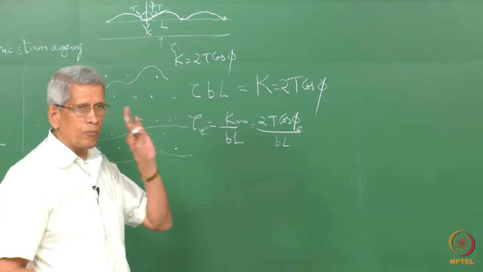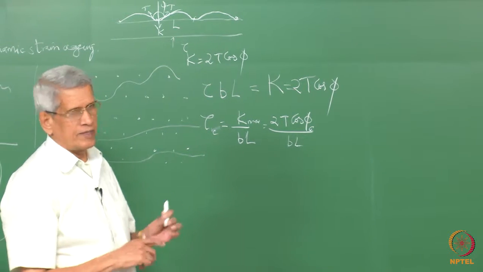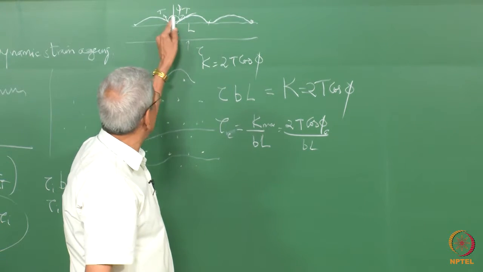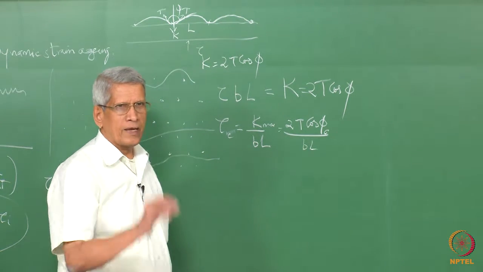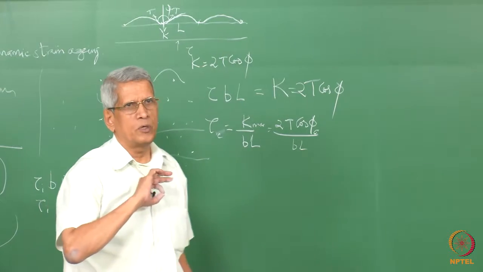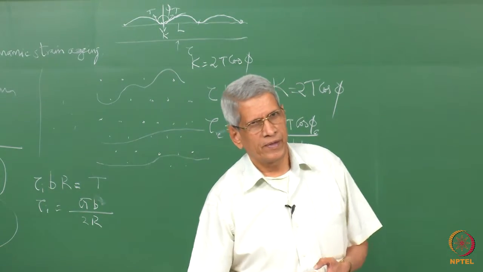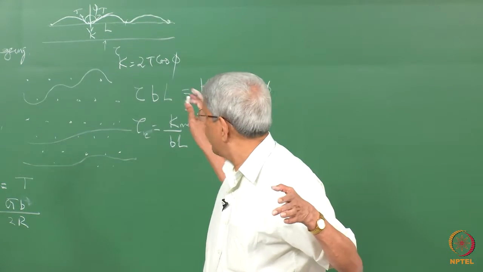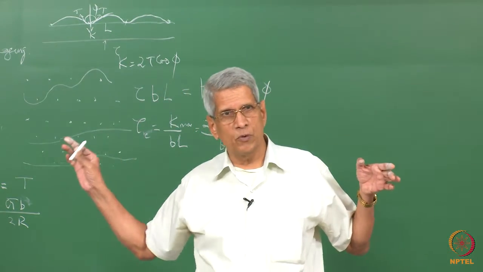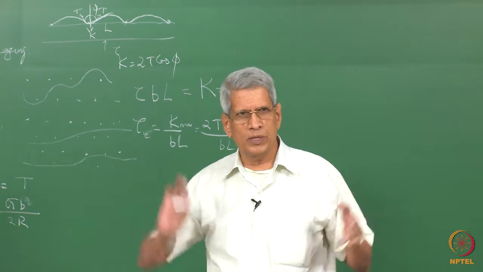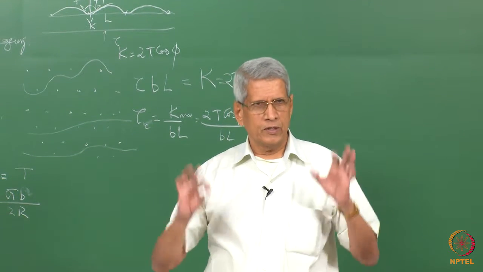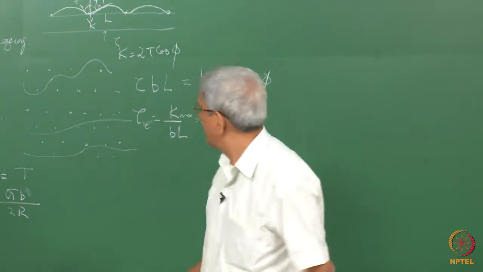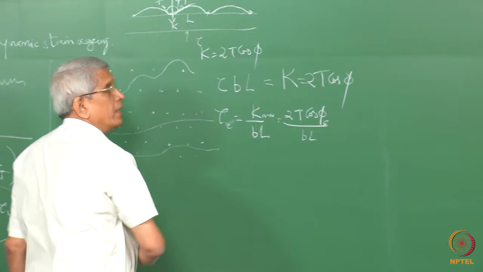Now the most crucial point is that at some value of the line tension, corresponding to some particular angle, K max reaches a value where the dislocation is able to shear through the particle. Because the line tension depends upon half G b squared, the modulus of the material, it has nothing to do with the particle. If it's able to reach that value, then it will just cut through the particle, right?